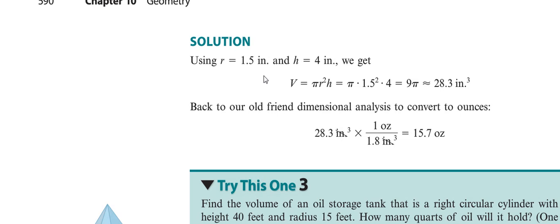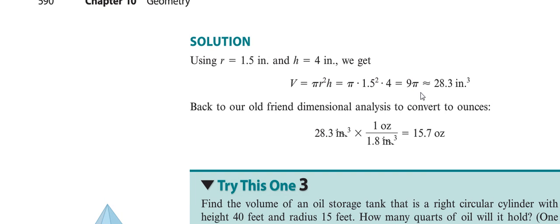All right, so the radius is 1.5 inches. The height is 4 inches. We substitute those numbers into the formula. We get pi times 1.5 squared times 4, and we multiply everything together.